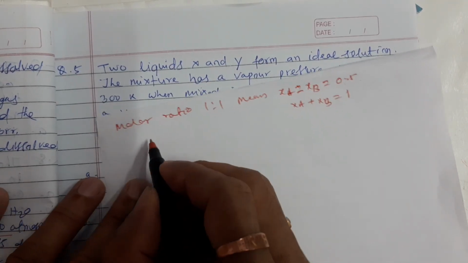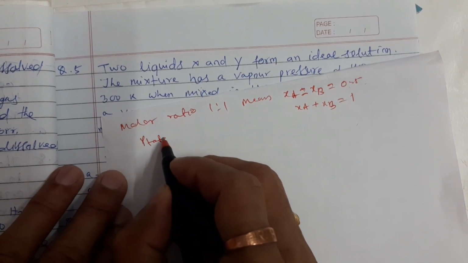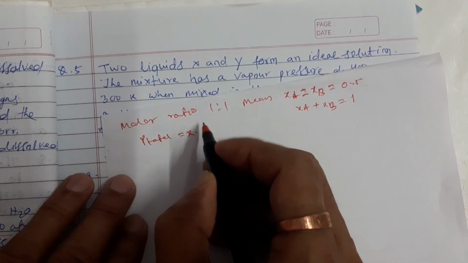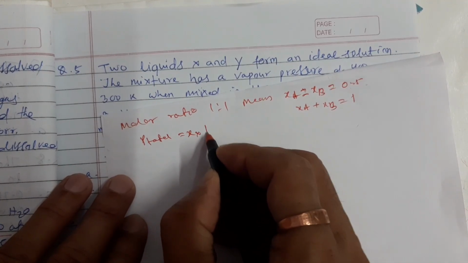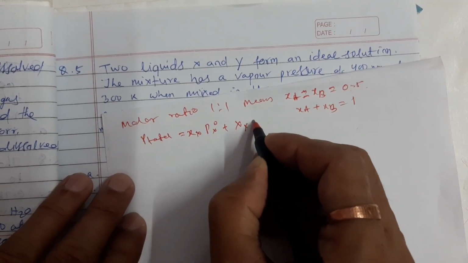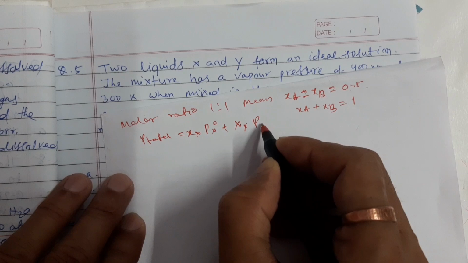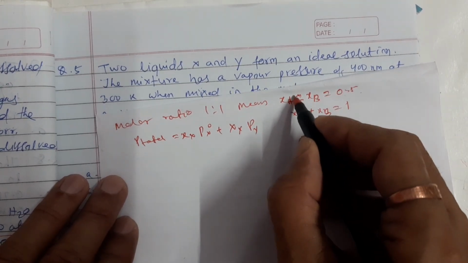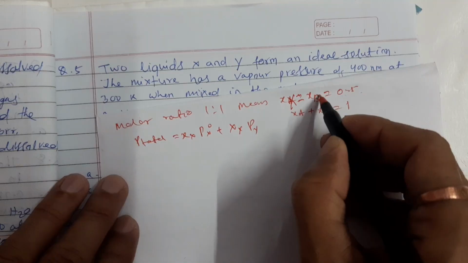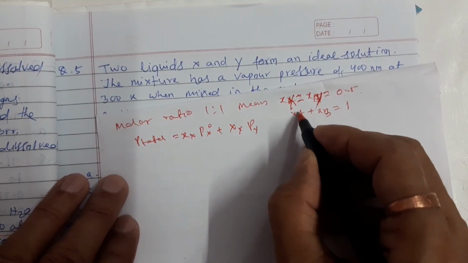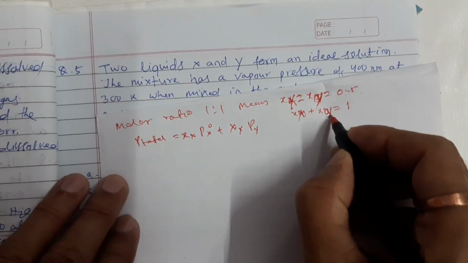Okay, so P total is equal to XX PX0 plus XY PY0. Here you can write XX plus XY.